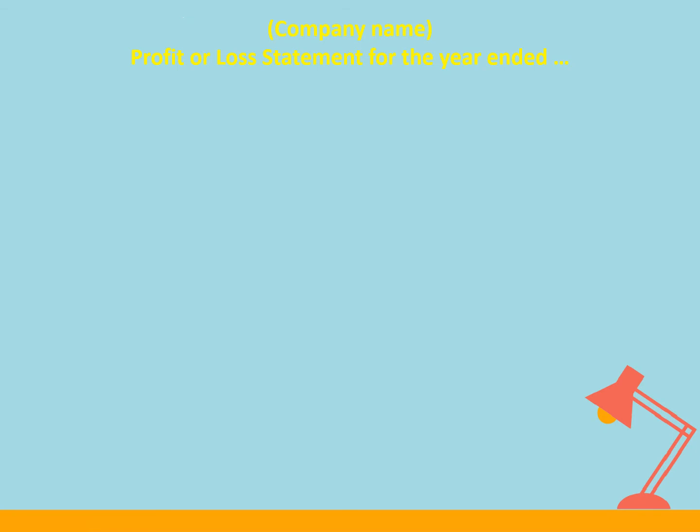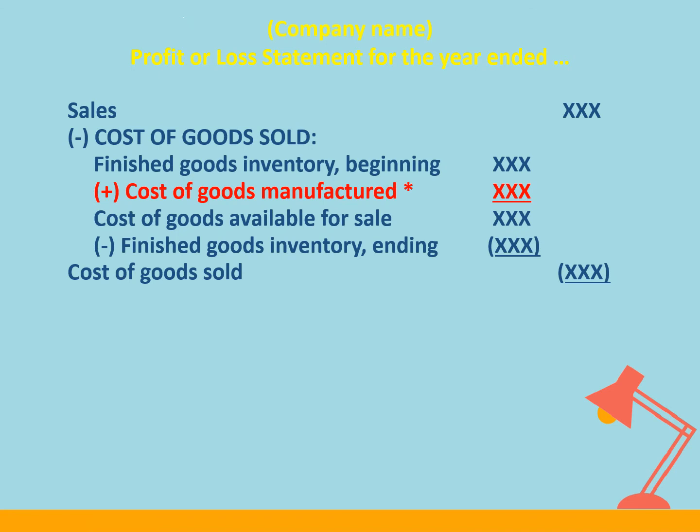Now let's have a look at the full format of profit or loss statement. Start by writing the company's name, the statement's name, and the period. Then write down the sales minus cost of goods sold, which consists of finished goods inventory beginning plus cost of goods manufactured, which we have calculated in the previous statement.